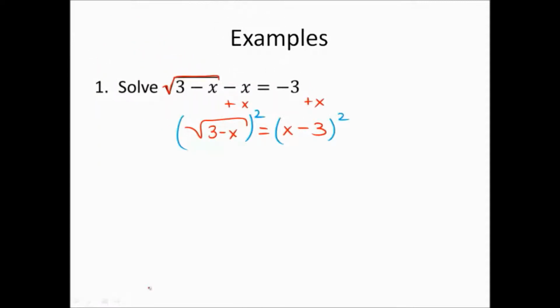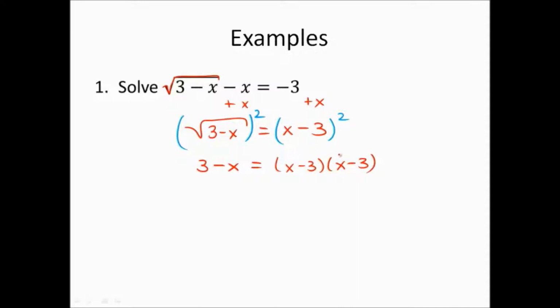When we square both sides, the square eliminates the root because a root times itself will lead you to just the inside. So you have 3 minus x equals, but remember to write these brackets when you square both sides because in this case this actually means x minus 3 times x minus 3.